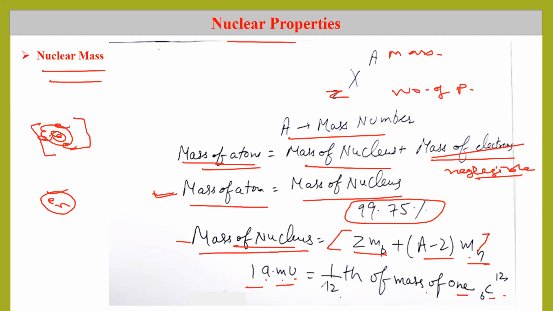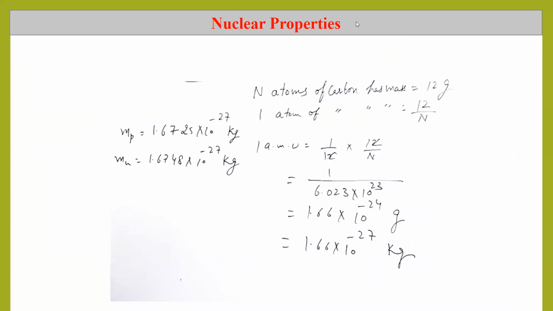So 1 amu is equal to 1/12 of the mass of one 6C12 atom.